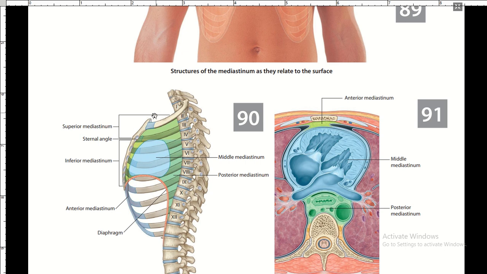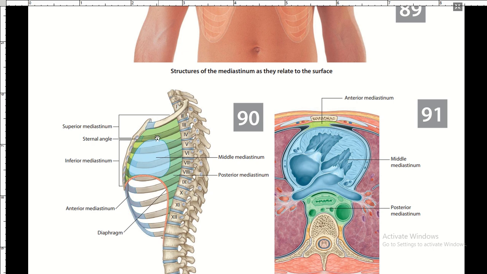Your superior mediastinum, as you can see, anteriorly is going to be bounded by the manubrium. Posteriorly it is bounded by the upper four thoracic vertebrae, T1 to T4. Superiorly, you're going to have the superior aperture, of which we have spoken about the boundary.